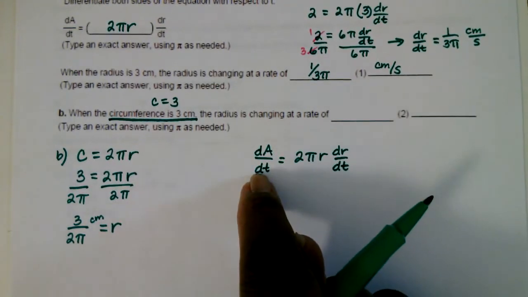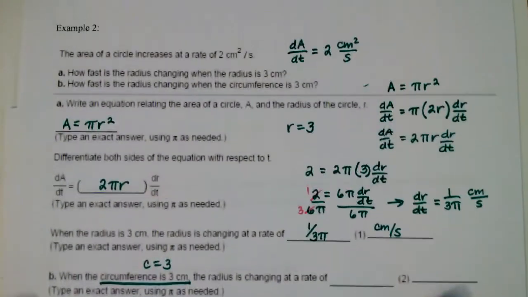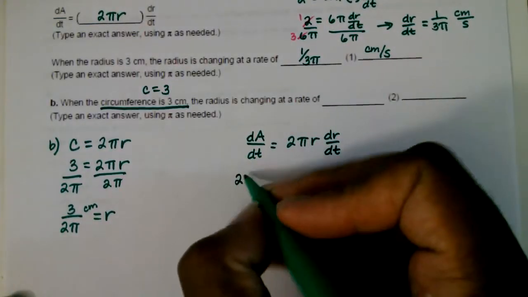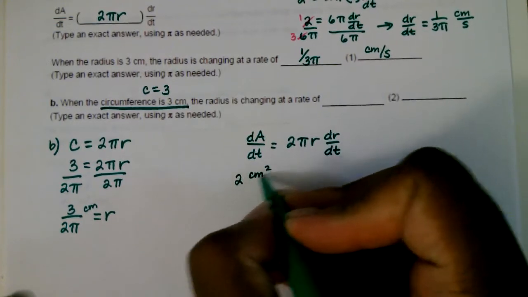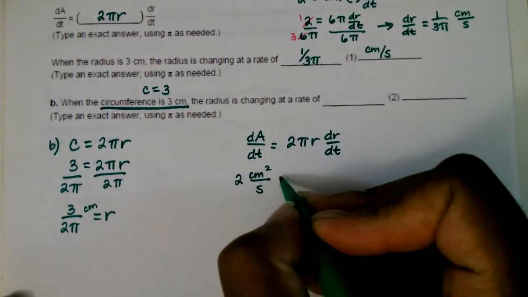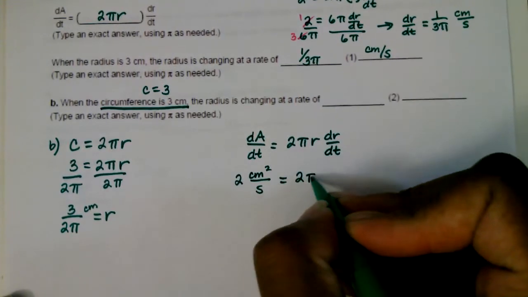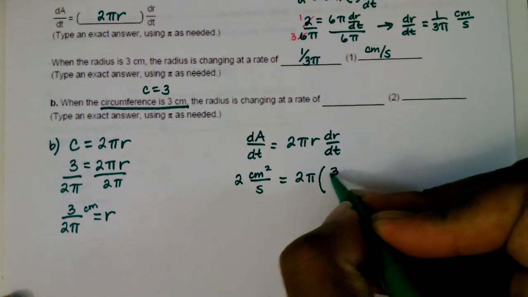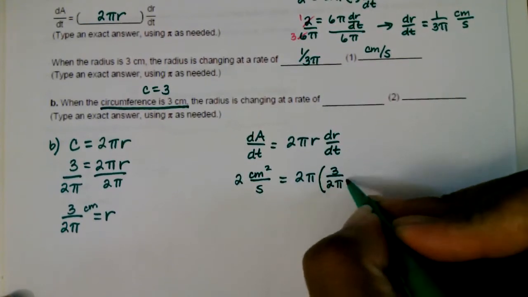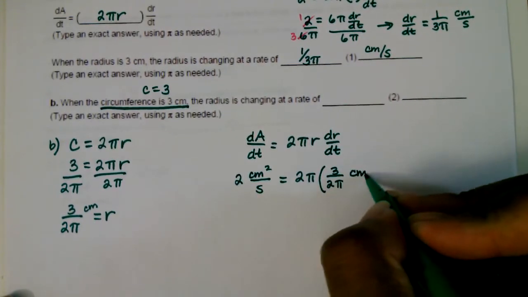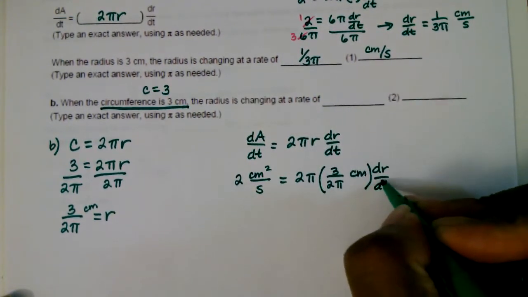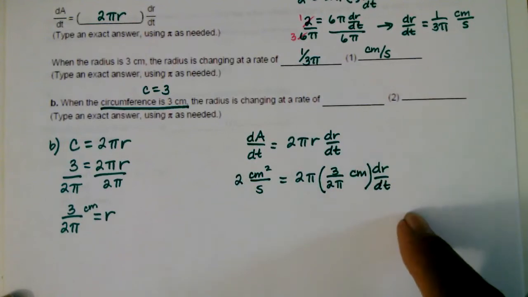dA/dt was 2 square centimeters per second. So in this case, I'm going to bring down the 2, and I'm going to write in the units so that way you'll see how these units are dividing out. That's equal to 2 pi times the radius, which is 3 over 2 pi centimeters, times dr/dt. dr/dt is what we're looking for here.